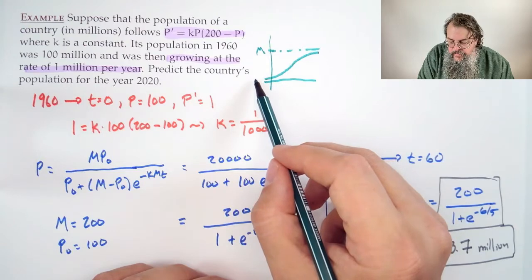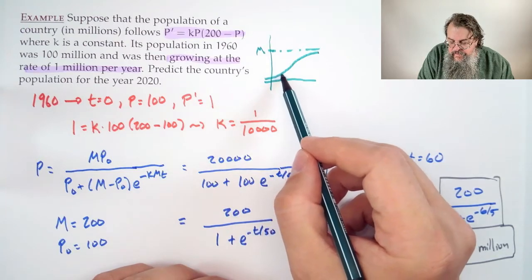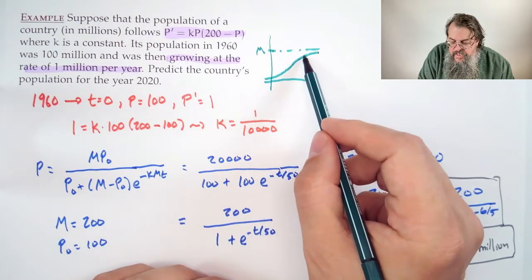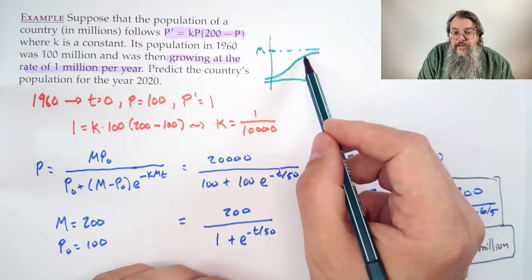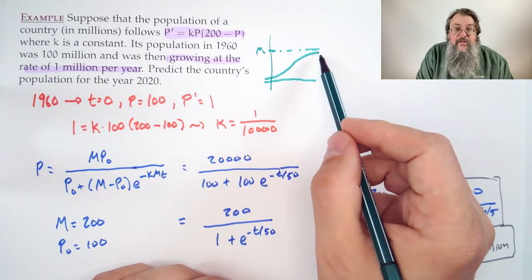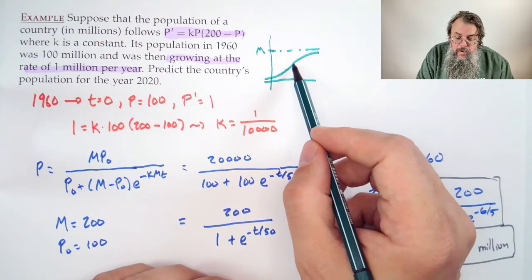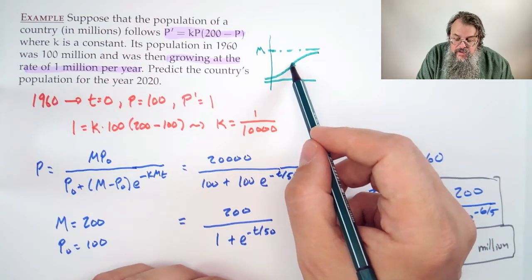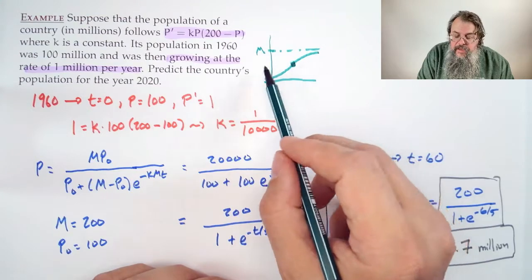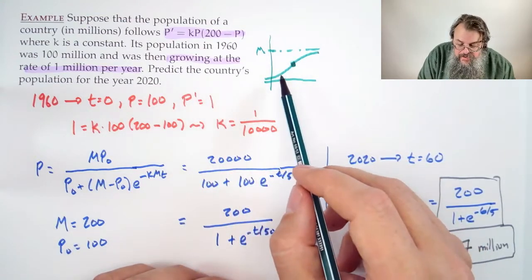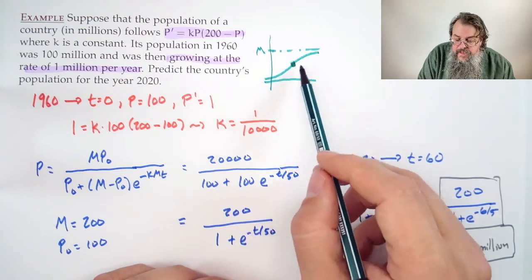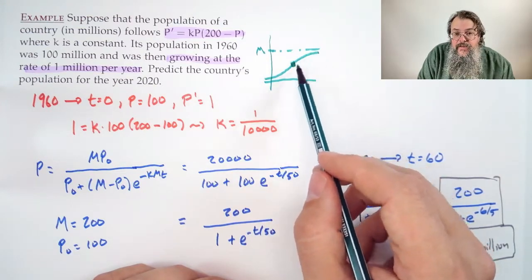It's going to sort of come up slowly at first, gain speed, and then slow down again as it approaches its maximum capacity. When is it going to grow the fastest? Well, it grows fastest when you have half of m. So it's going to grow a little bit slower below that, and slower above that, right?